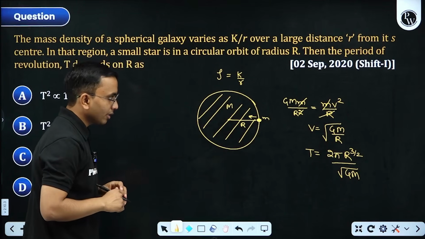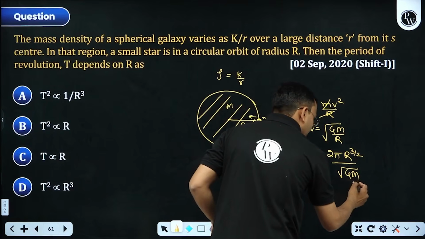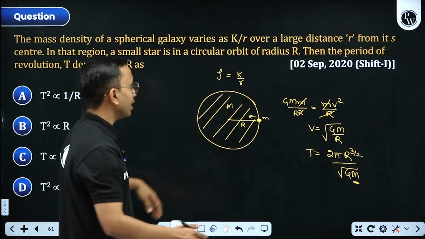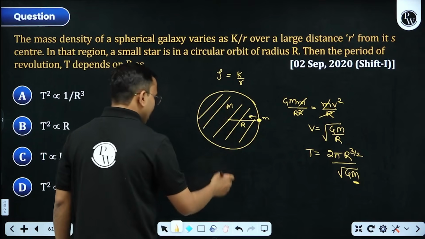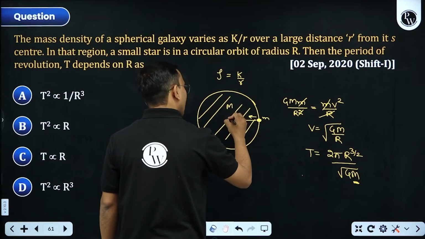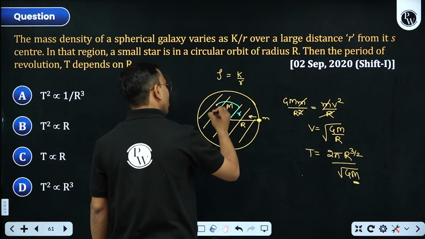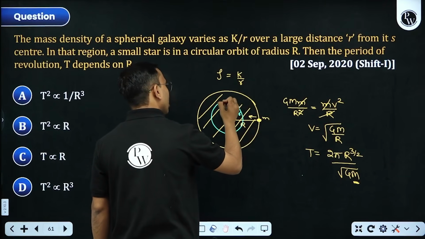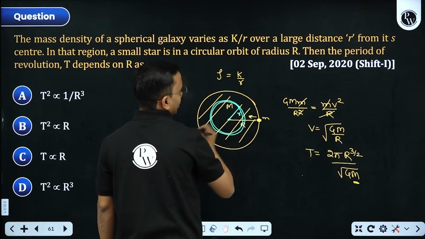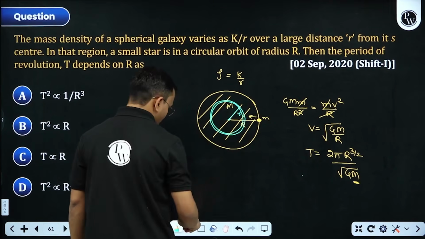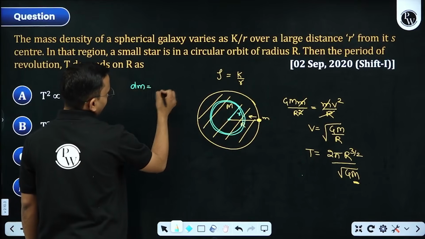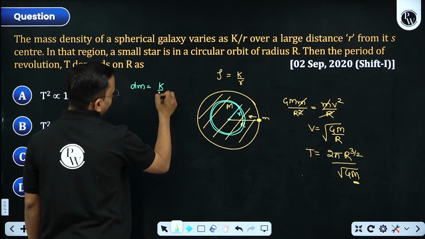But I need to put this M here. What is the total mass in this sphere of radius r? For that I need to do integration. At a distance r from here, I will consider a small shell whose thickness is dr, the mass of that as dm. So my dm will be the density there, k by r, into the volume.